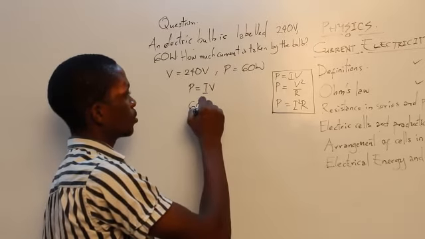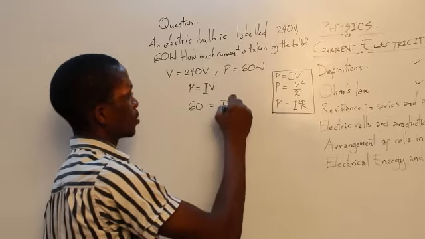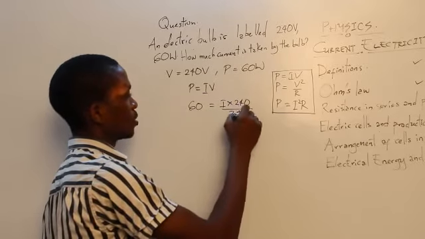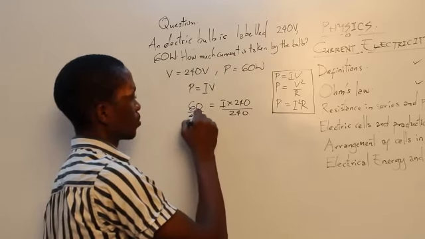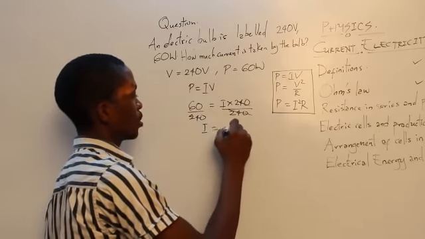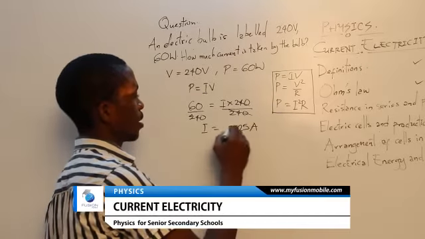That's 60 watts equals I multiplied by 240. When you divide through by 240, I would equal 0.25 amperes.